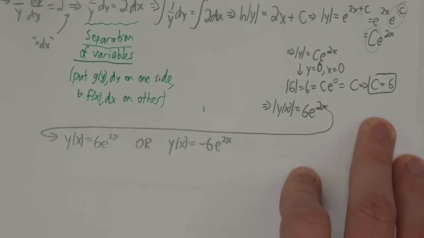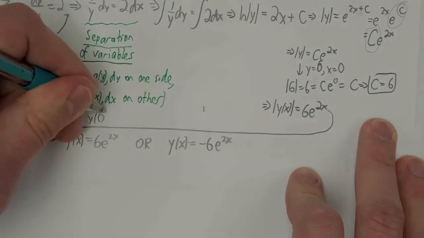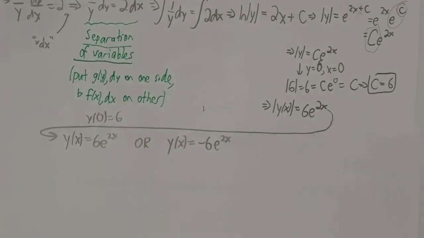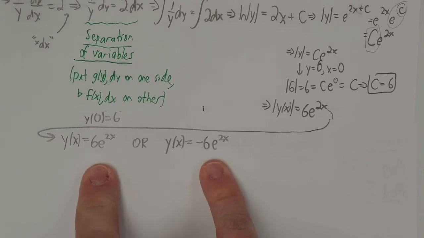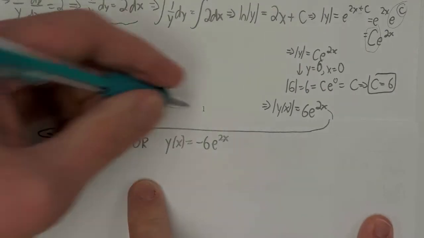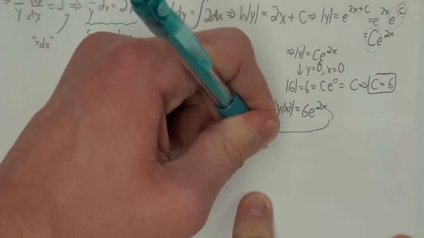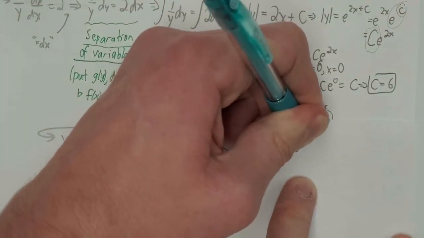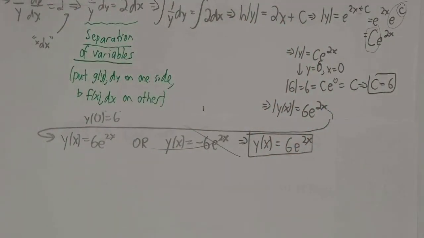But remember, wait a minute, we still have y of 0 equals positive 6, right? So based off of that, what can you infer about these two options here? Which one is not the one we should have? Negative, right? Because y of 0 equals positive 6, the second one's not an option. So that means your solution is actually going to be positive 6 times e to the 2x. Okay? So that's your solution to that.